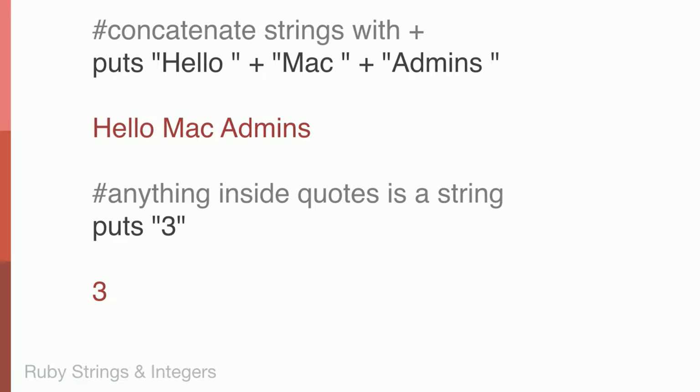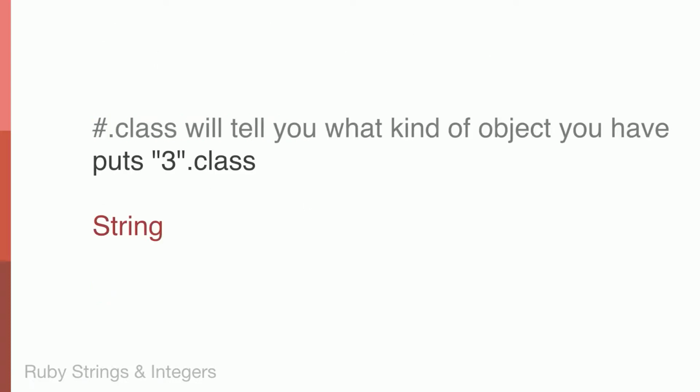Same thing with the bottom example: puts "3", it'll put back 3. We've got that 3 in quotation marks, so Ruby is going to see that as a string. And to prove that Ruby sees that as a string, you can call .class. Class is sort of: what kind of object am I dealing with here?